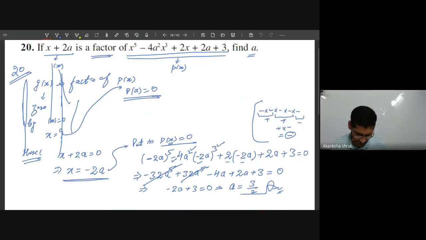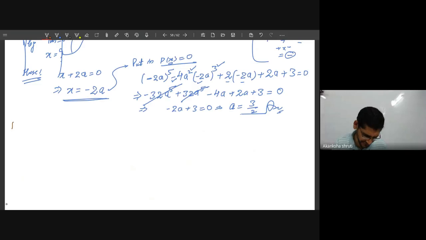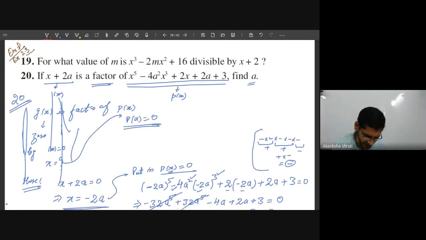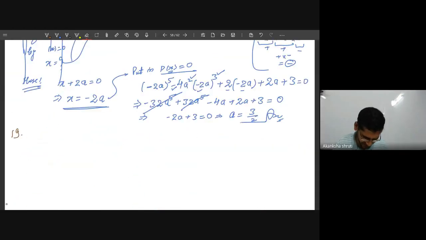So see, let me do question number 19 also. This was our 20th question. For this 19th question, the same thing you have to take care.